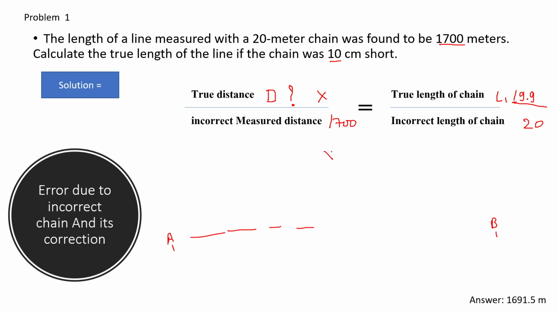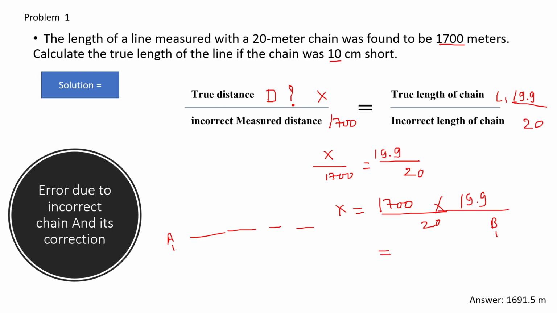So x divided by 1700 is equal to 19.9 divided by 20. So x is equal to 1700 divided by 20 multiplied by 19.9. Okay, so what will be the value?